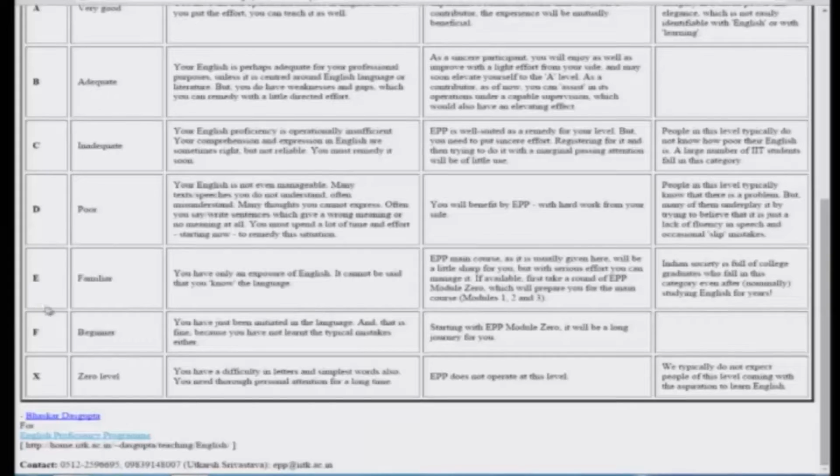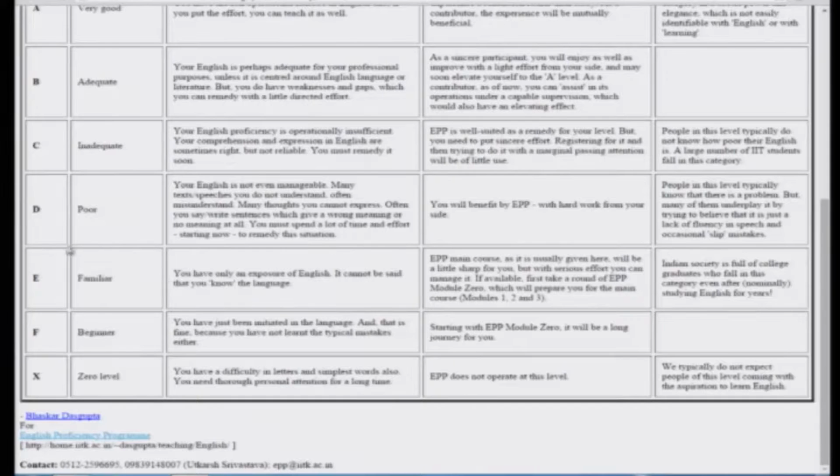The people with grade E cannot be called to know the language. All that you can say is, E means exposure. So they are just familiar with the language. They cannot be said to know the language.